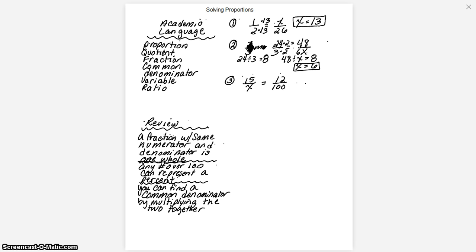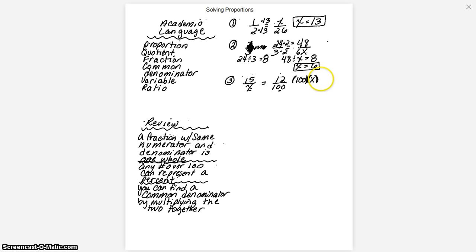Okay, so what I'm going to go ahead and do is I'm going to say I have a denominator here of x, right? And on the other side, my denominator is 100. So in order to find a common denominator, I'm going to multiply together. What does 100 times x look like? Well, it just looks like 100x, and we take the multiplication symbol away. Okay, let's put them in parentheses. Actually, it's going to be a little bit easier.